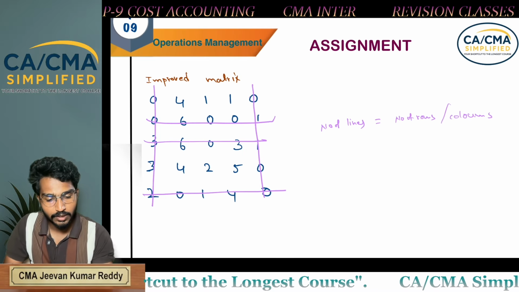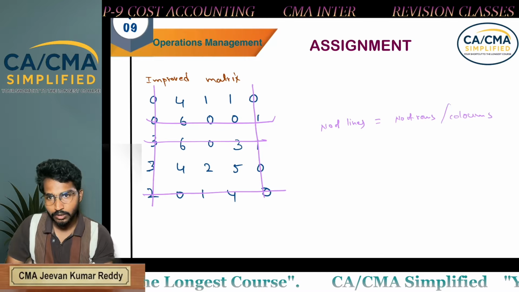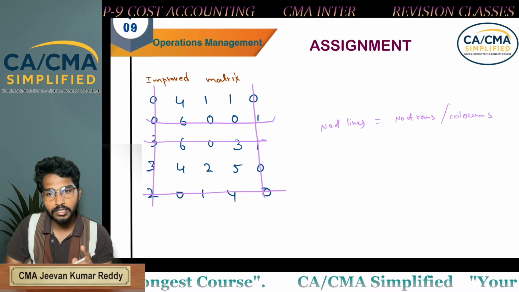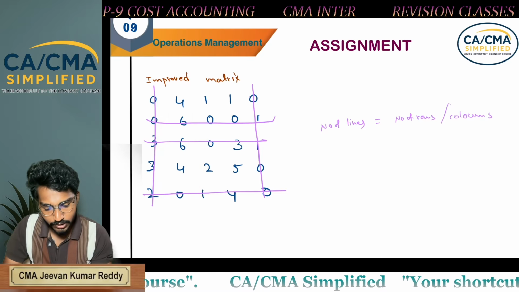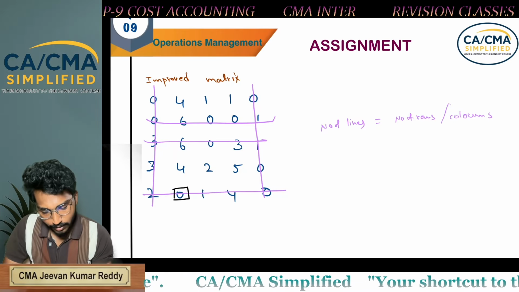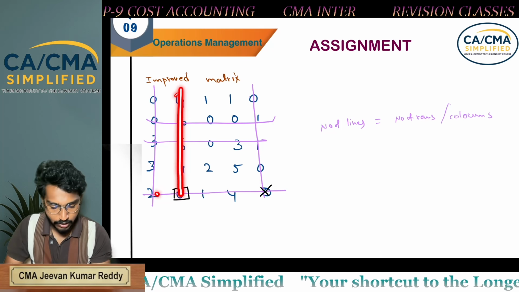Now you need to select the zeros. How to select zeros? Select the column or row containing a single zero. If you see in this particular column only one single zero is there, so select this and cancel the corresponding zeros in that particular line.